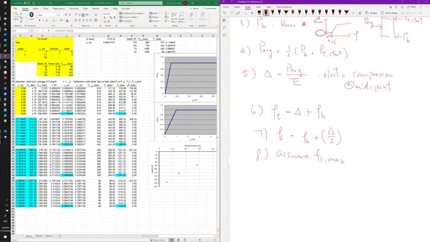And then what we can do is read f, the side frictions, from the f over f max versus the settlement curve.